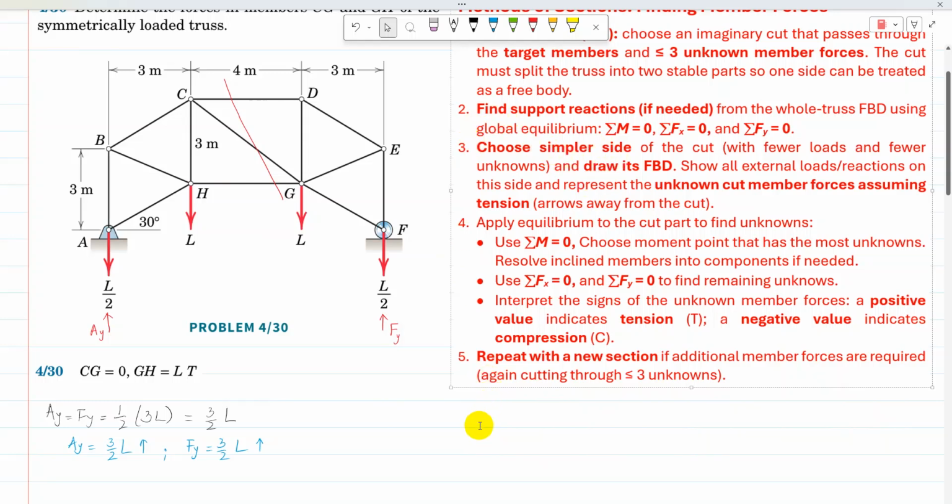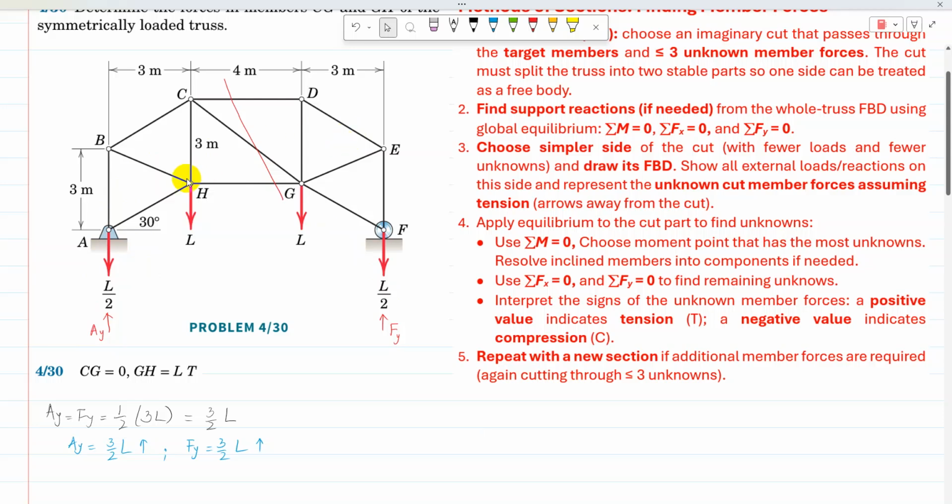The next step is to choose a simpler side of the cut with fewer loads and fewer unknowns. If I consider the right side of the cut, there are two known loads and one reaction, and on the left side there are again two loads and one reaction.